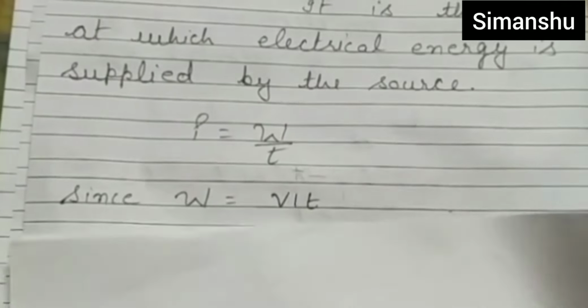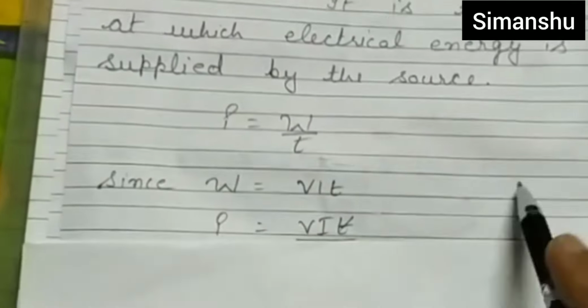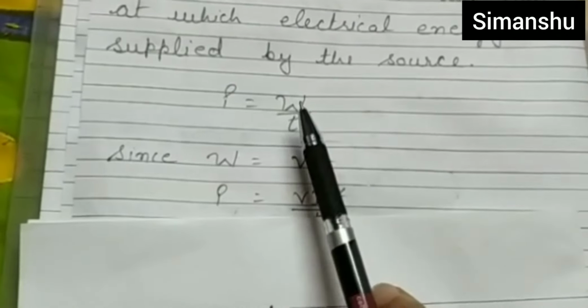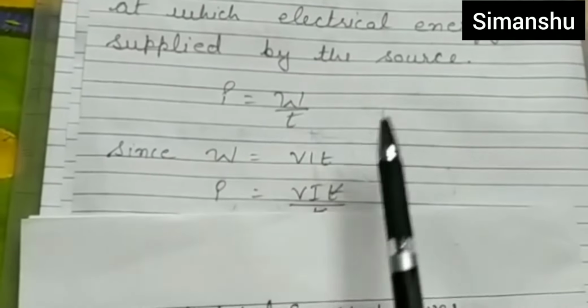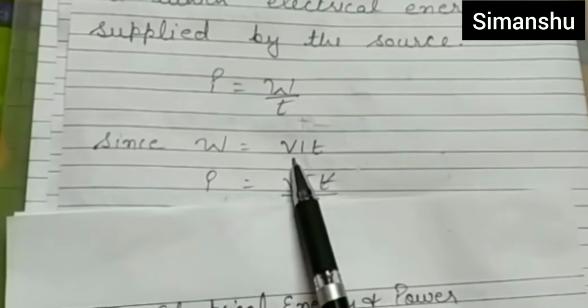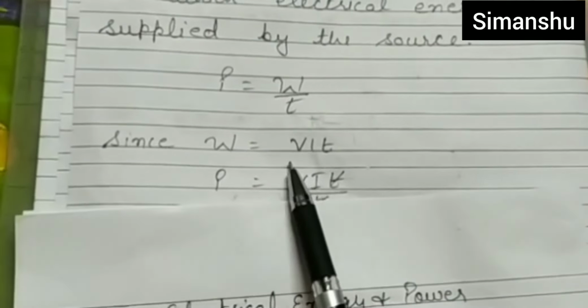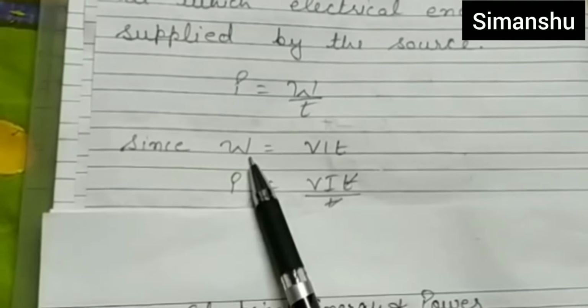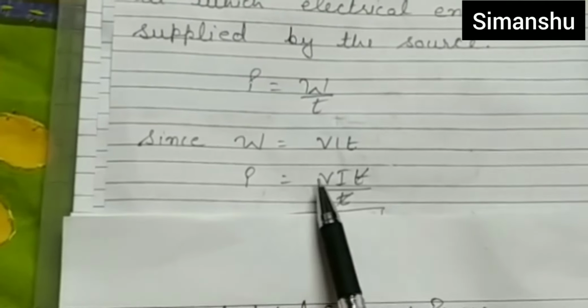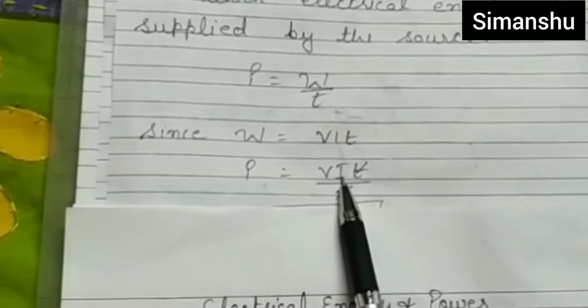Work is equal to V into I into T. We divide it by T. What we got for power? P is equal to V I.